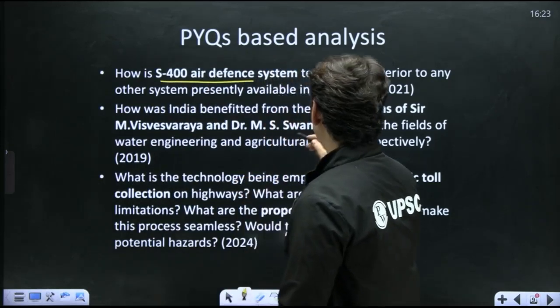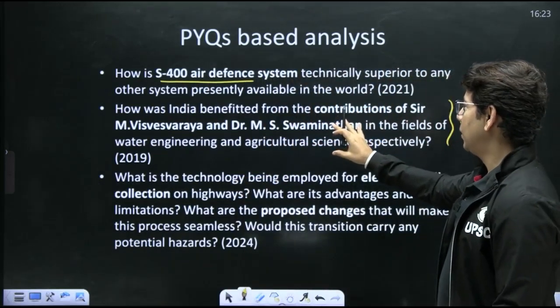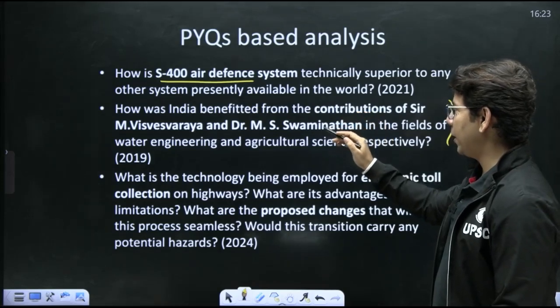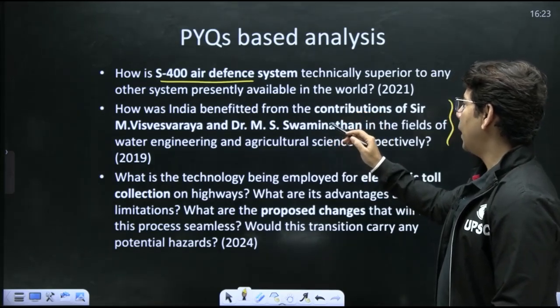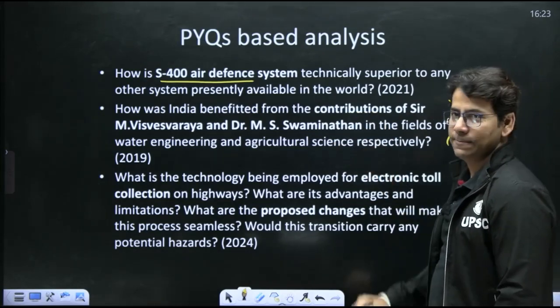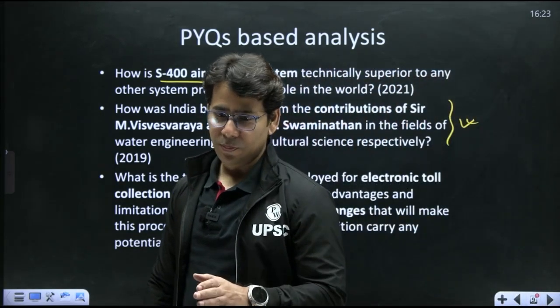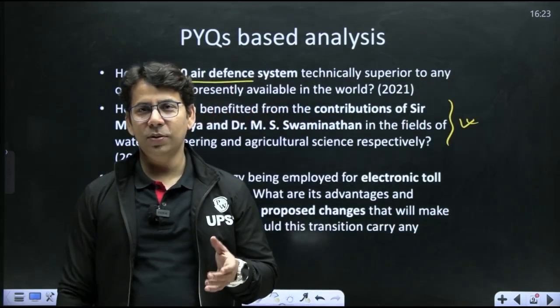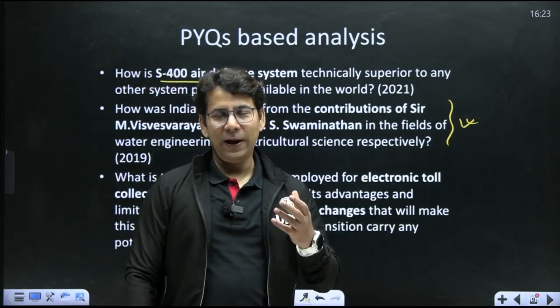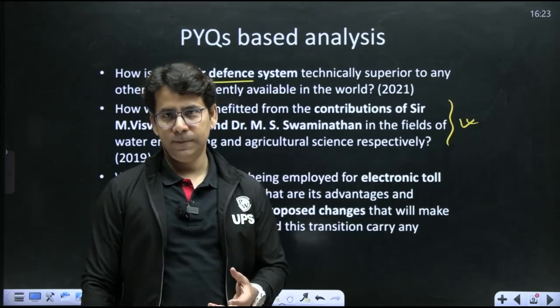Similarly, there is one question that was very important: contribution of Sir M. Visvesvaraya and Dr. M.S. Swaminathan in the field of water engineering and agriculture science. The 2019 question was there. Now this is a little trickier part because obviously you need to find out the list of Indian scientists who have done prominent work.